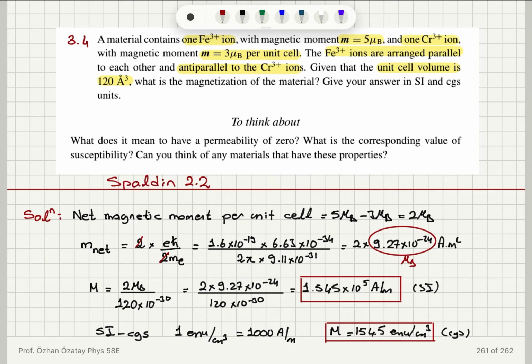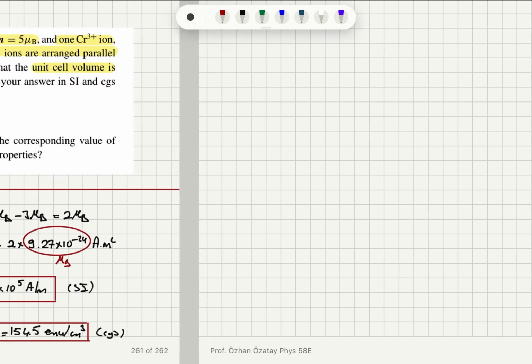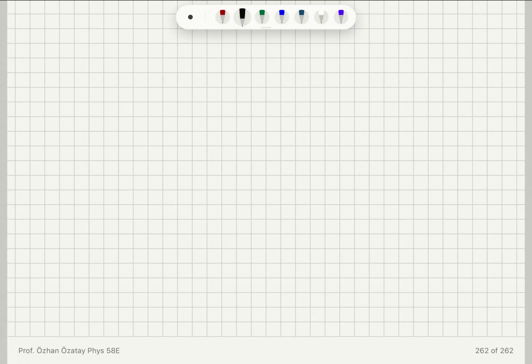Now there's a problem here at the end to think about. What does it mean to have a permeability of 0? What would the corresponding value of susceptibility be, and are there any materials that have these properties? Let's remember what permeability is. Permeability is mu r times mu 0, so this is going to be 0.